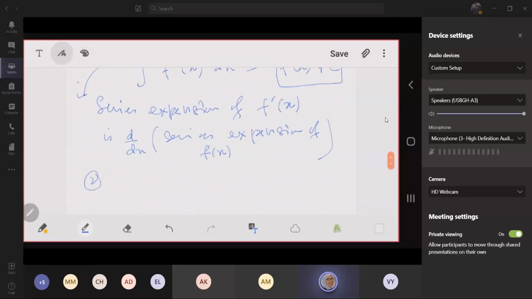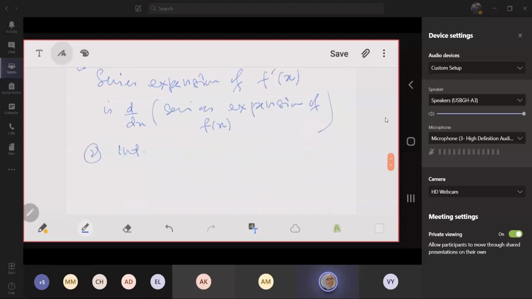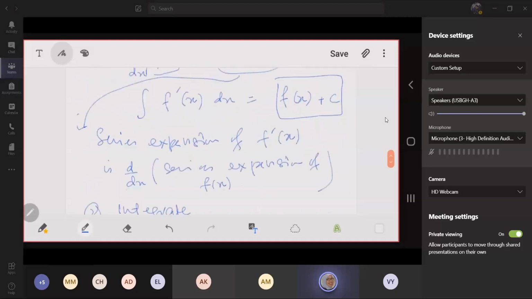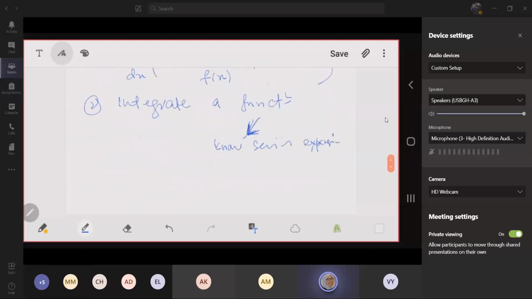Secondly, vice versa. If they ask you to integrate a function with a known series expansion, let's say this one is f of x.